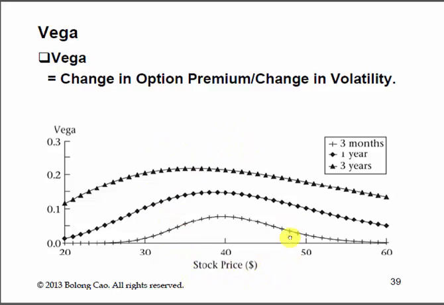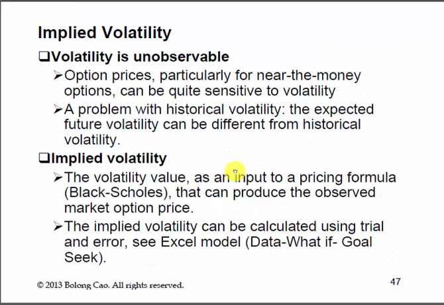Look at this picture. Around at the money, so-called near the money, volatility has a higher influence on the option value. Vega is higher. So going back to implied volatility.